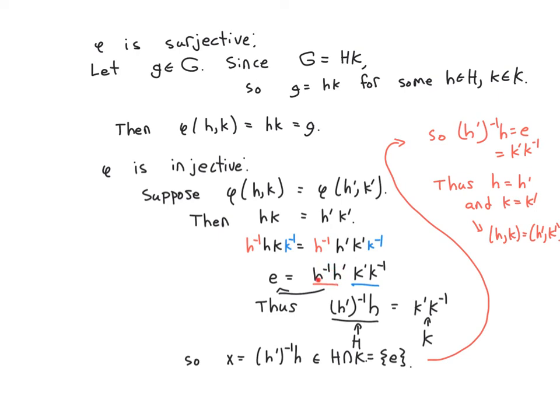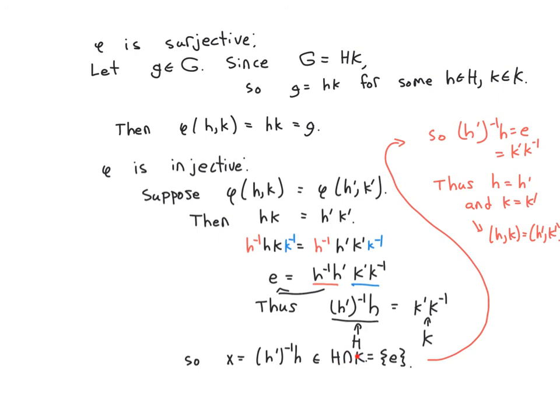Well, this first element is an element in H, and the second product is an element in K. So we see another approach is that if we move the elements from H over to the other side appropriately, as follows, we have h prime inverse h is equal to k prime k inverse, which means we have an element in H is equal to an element in K. And the only way that happens is if this element is actually in the intersection.